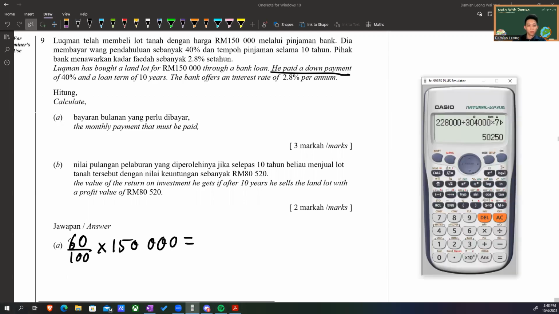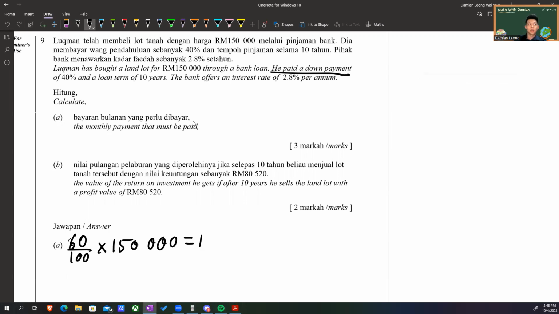60% times 150,000, which is 90,000 ringgit. That's the loan principal.